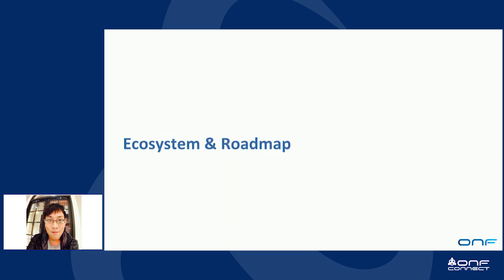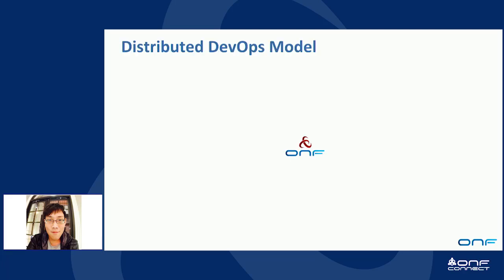And then I'll probably spend a little bit more time to talk about ecosystem and roadmap. This is an example from the work we've done with Comcast. During this collaboration, we developed a special community and collaboration model. We call it the distributed DevOps model.